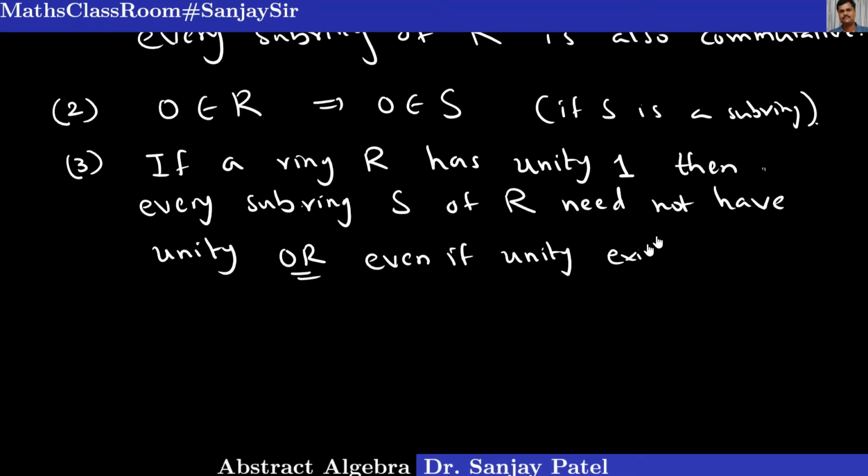Let me write this way. If R has a unity element 1, then every subring S of R need not have unity.